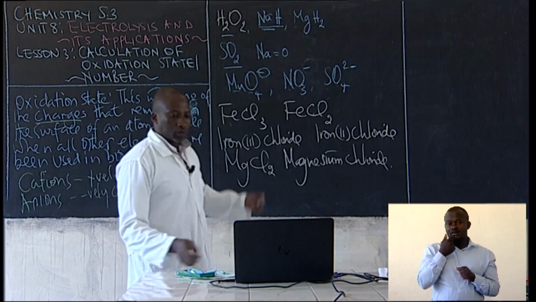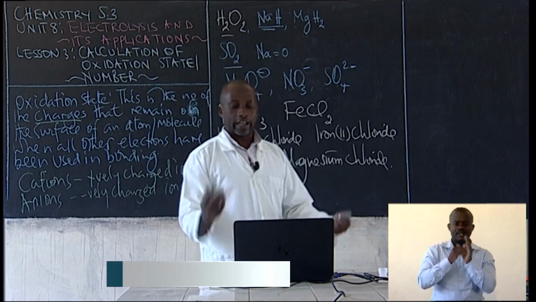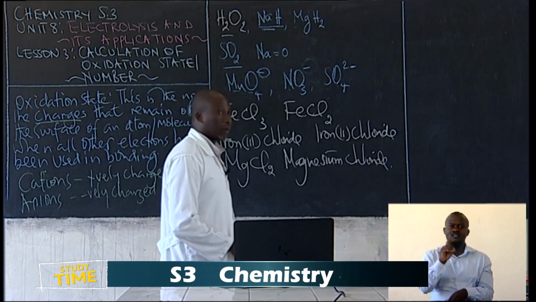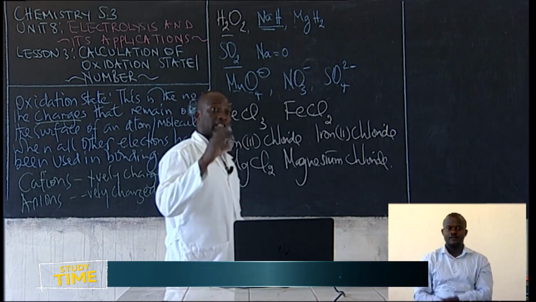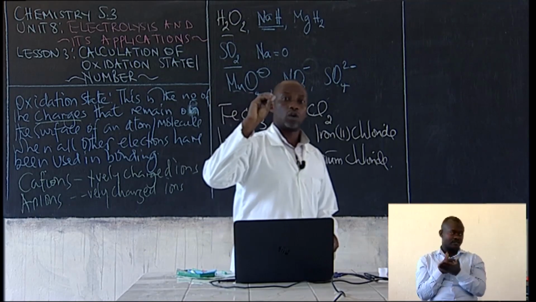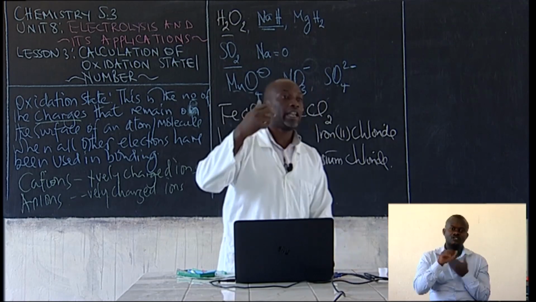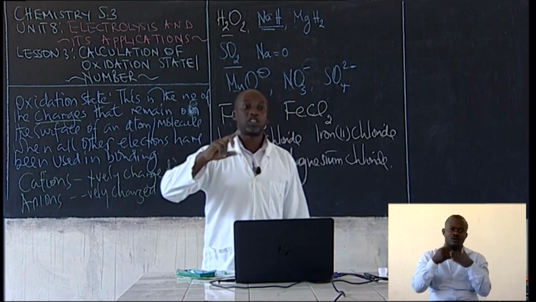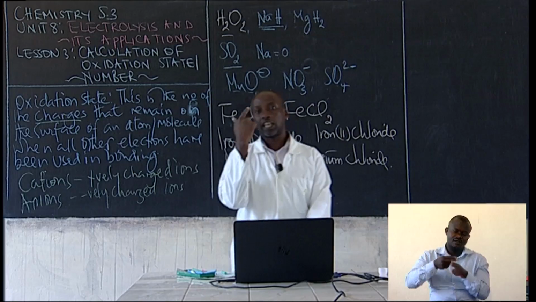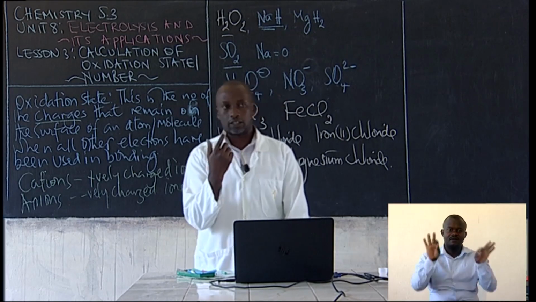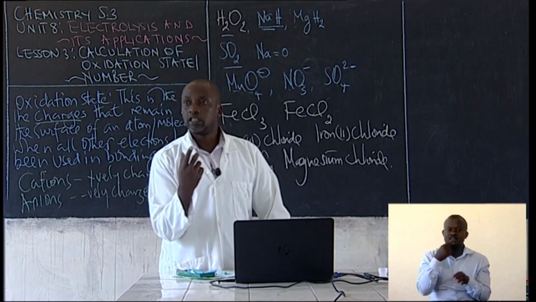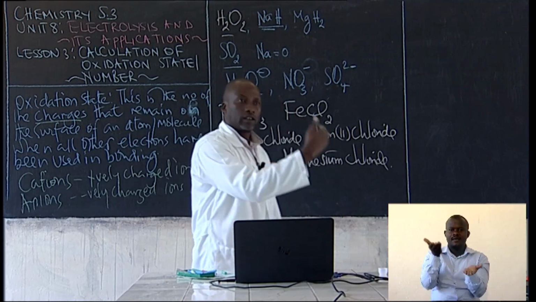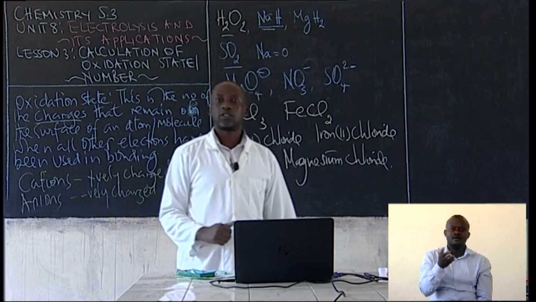So let's proceed and see how we can calculate the oxidation number of these compounds. We said these oxidation numbers can help. The most important here that we are talking about is naming the compounds. But the second important purpose is balancing redox reactions.